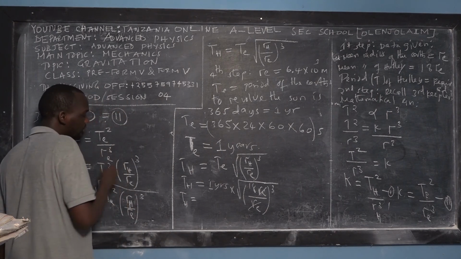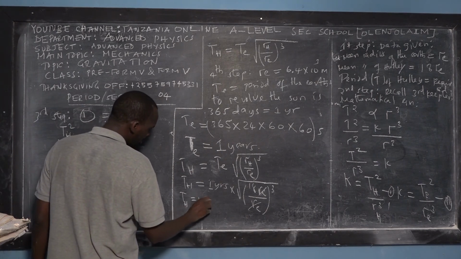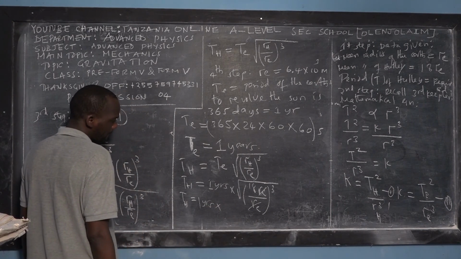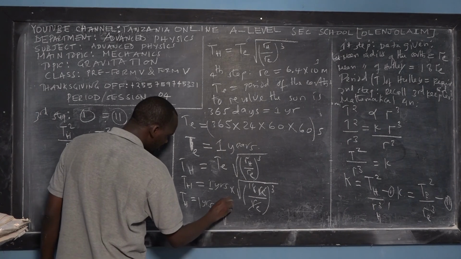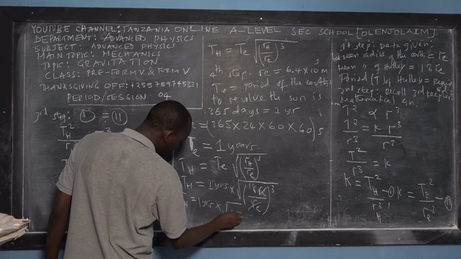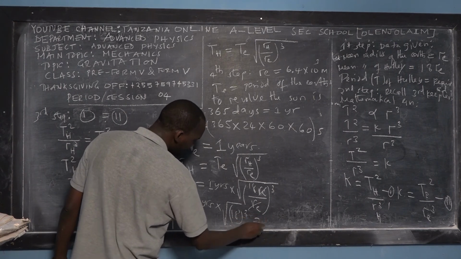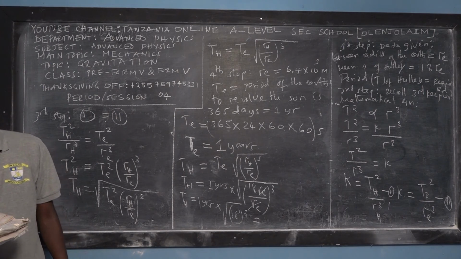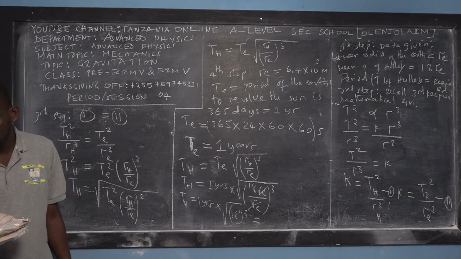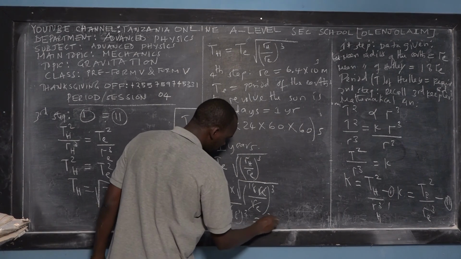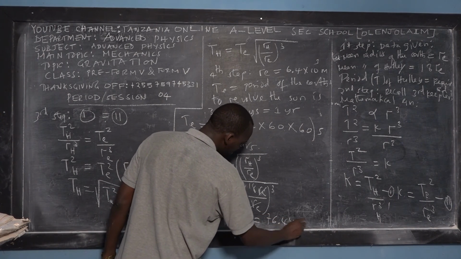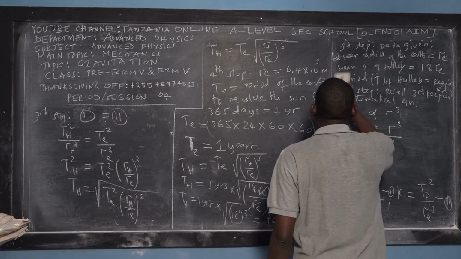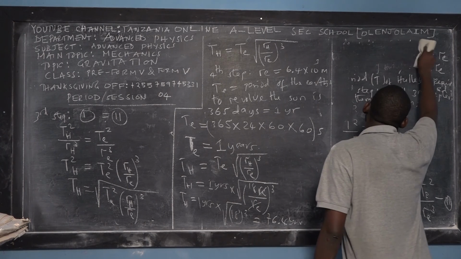So the period of Halley is equal to 1 year times the square root of 18 cubed. You have to use your scientific calculator and then find that it's 76.4 years for the comet to complete one revolution.